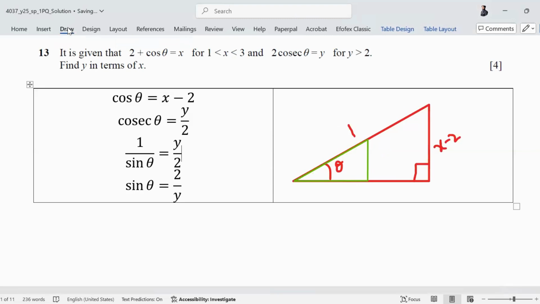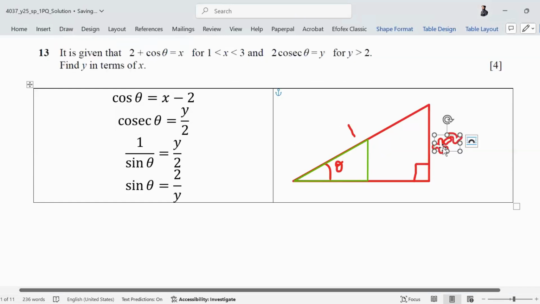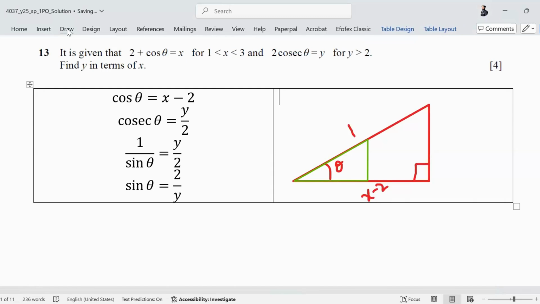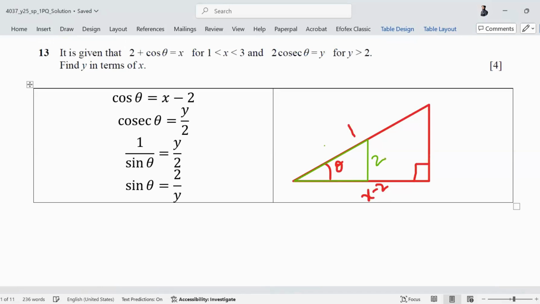So sine theta is, my bad, cos theta is adjacent over hypotenuse. So this is adjacent and hypotenuse is 1. Now for sine theta is 2 upon y. So they are telling us that if the opposite is 2, the hypotenuse is y.